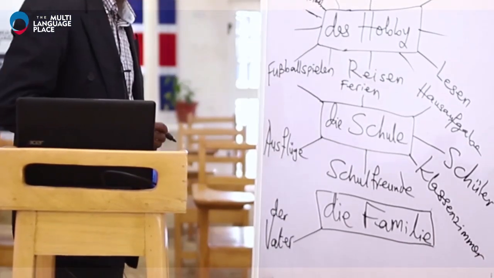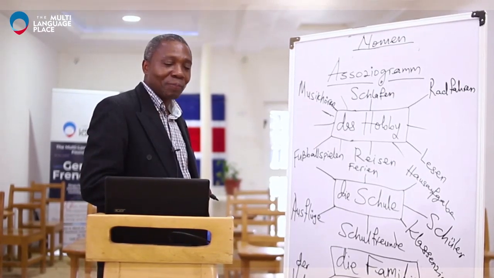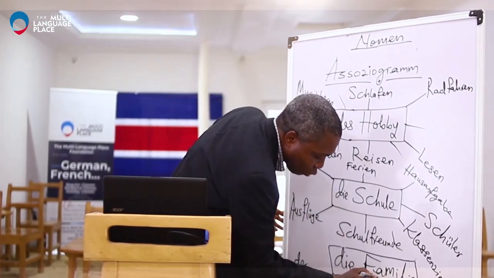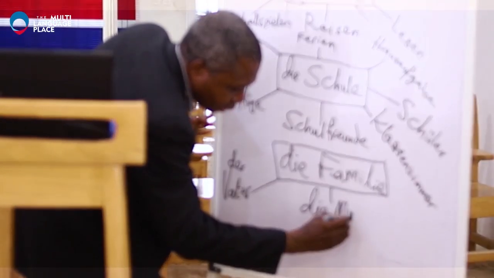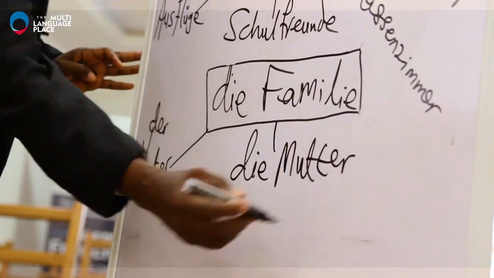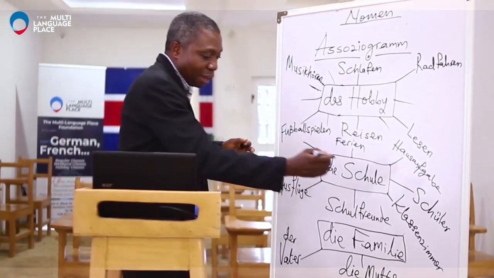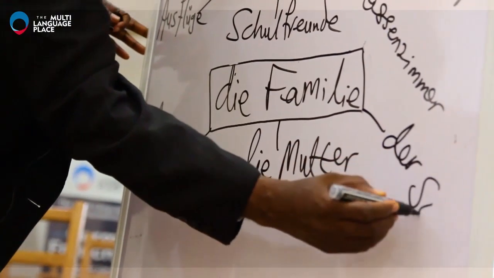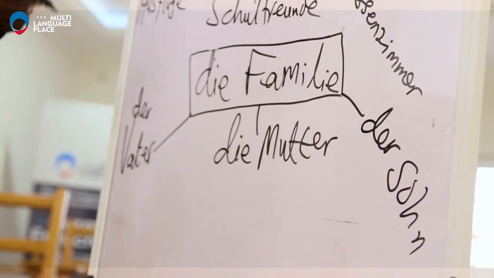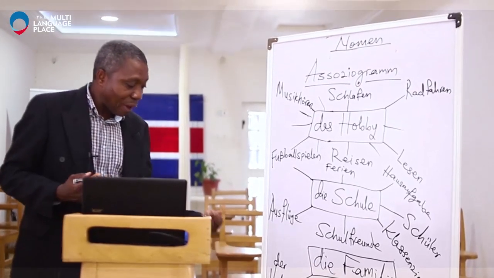Write the article, der Vater. Say it, der Vater. And then we have die Mutter. Okay, so we have the Mutter, and then we have der Sohn. So we have der Sohn, die Mutter, der Vater.